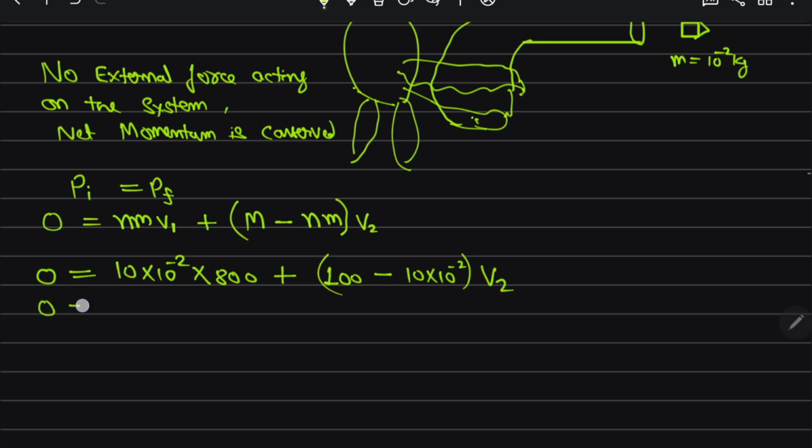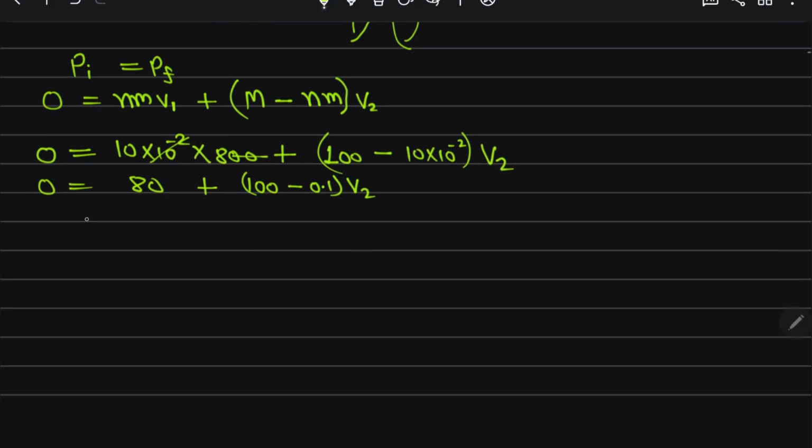So this comes out to be 80 plus 100 V2 equal to 0, and this 0.1 is negligible as compared to 100, so I ignore it.